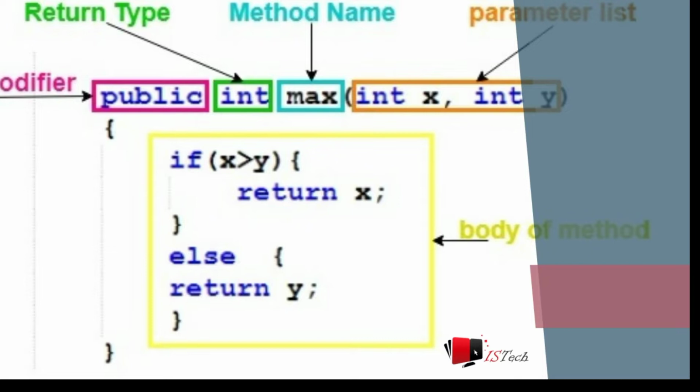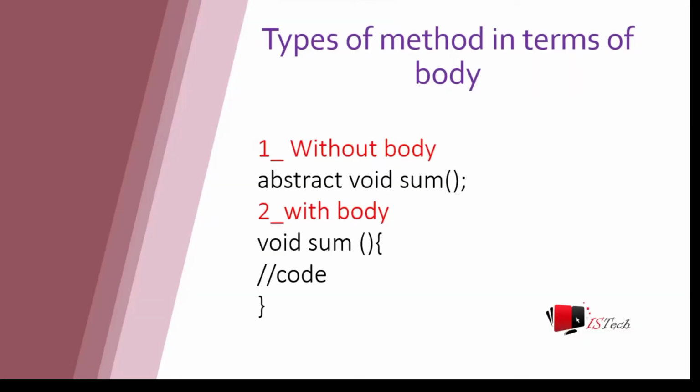5. Method body. It is enclosed between brackets. It holds the code you need to be executed to perform your intended operations. A method that has its own body is called a method with body. So here we have types of method in terms of body.